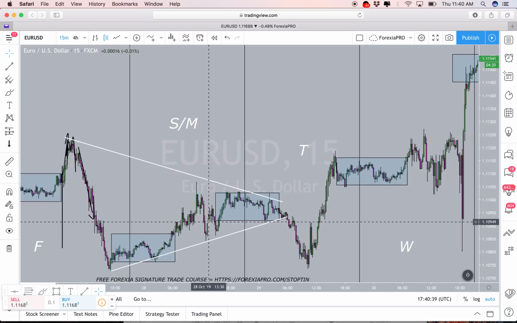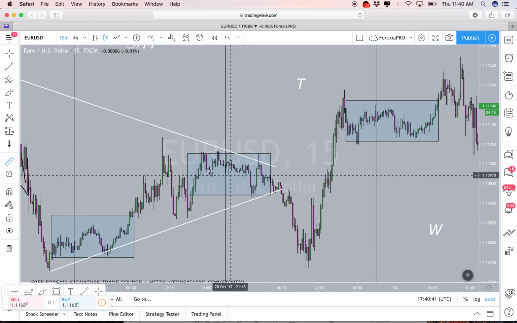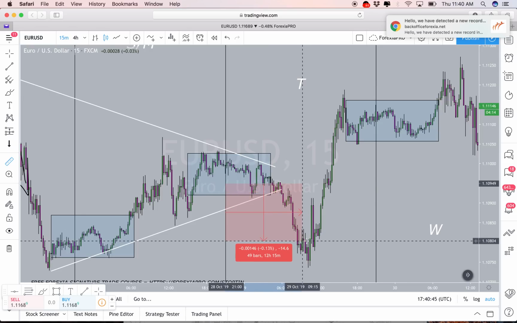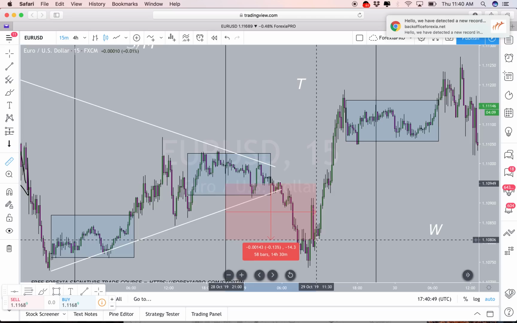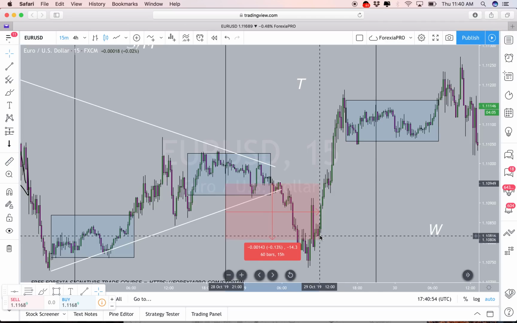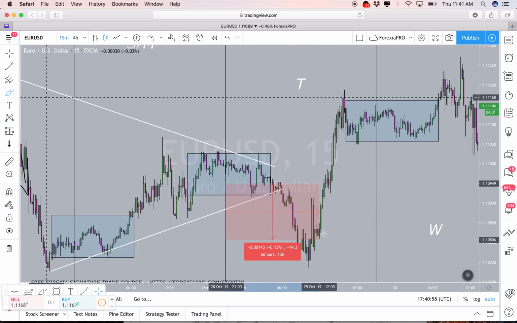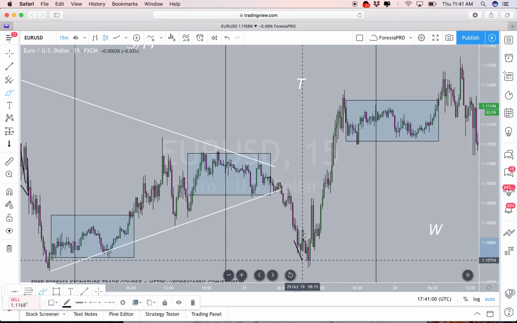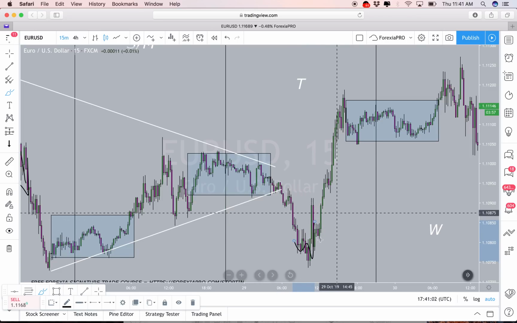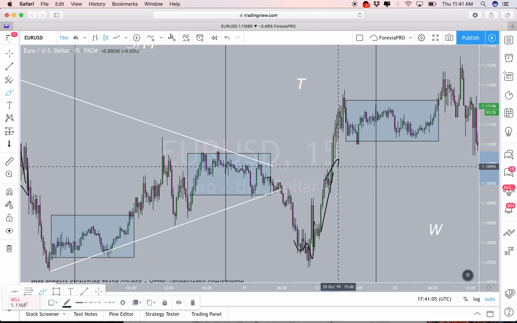And this happened exactly, Asian session, consolidation, exactly right here is New York session open. W formation off the low and reverse.